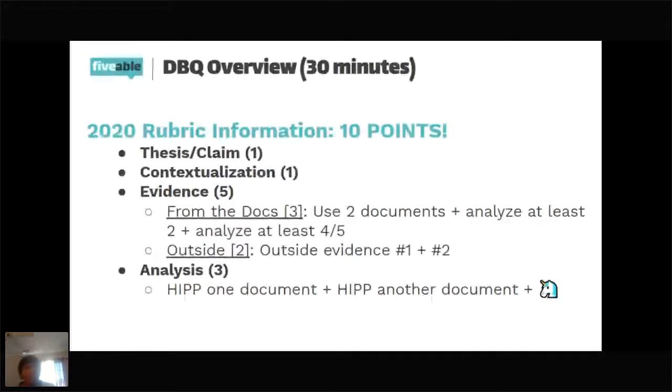I'll give an example once we go over this, because it's hard to visualize right now, but I'll go over it once we see the document. So you only have to hit two outside evidences. Analyze at least 4 or 5 documents. Actually, no, 4 to get the point. Yeah, 3 to be safe. If you wanted 2, just go one extra, because if you get 1 out of 3 wrong, you still get the point.